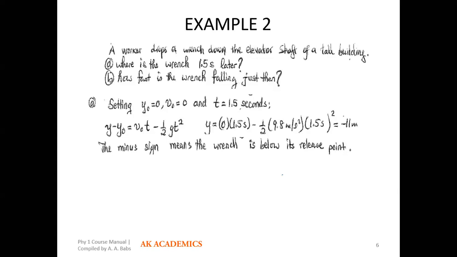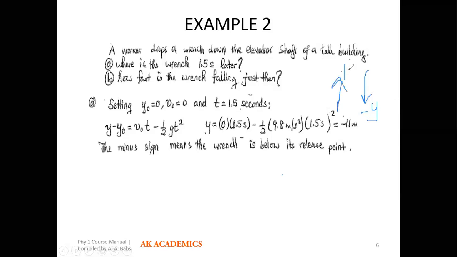Don't forget I told you that whenever we have a free fall or vertical motion and the particle is descending, your final y will be negative. That is why we have minus 11 meters here. Assuming we were going up, the y is certainly going to be positive. So don't forget this notation. This is important. Pay attention to it.